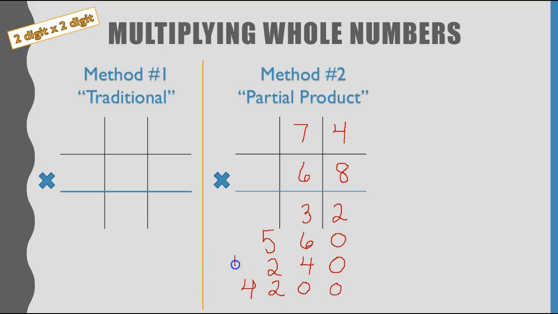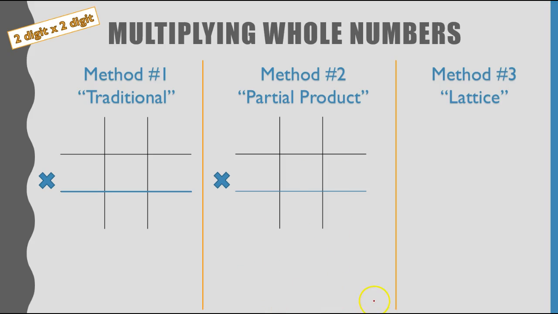And then again, for this method, we're going to add all of these numbers. 2 plus 3 zeros is 2. 3 plus 6 plus 4 is 13. 1 plus 5 plus 2 plus 2 is 10. 1 plus 4 would be 5. So again, we get the same exact answer of 5,032.